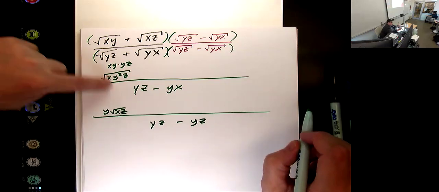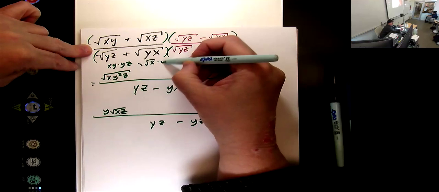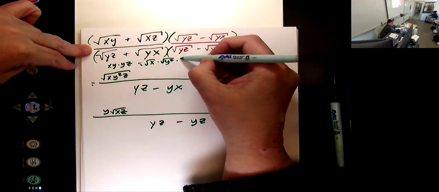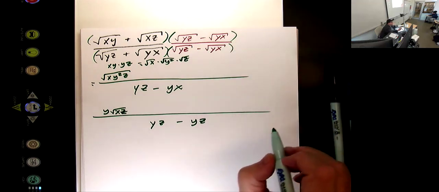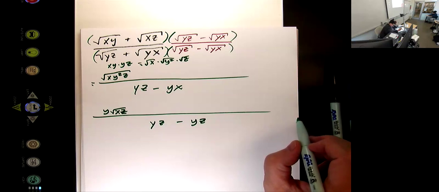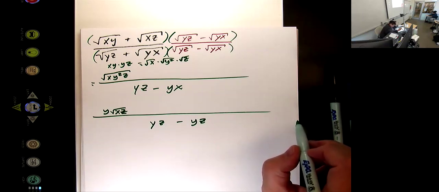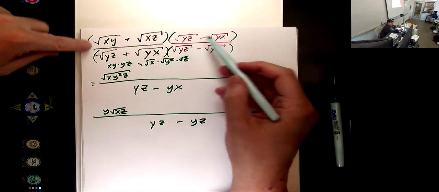You gotta deal with the radical. That ends up being the square root of X times the square root of Y squared times the square root of Z. Square root of Y squared is Y. Okay, so we do the next one.